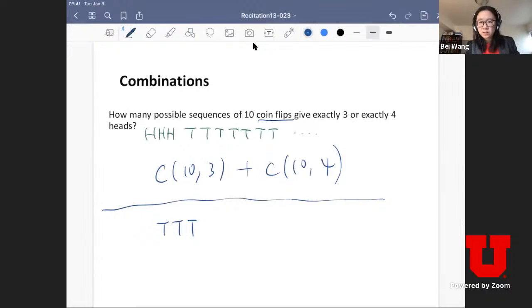That's why it's a combination, not a permutation. Because we're looking at exactly how many heads there are, and how the heads are ordered doesn't matter. So for example, this is first head, second head, third head, and they're all 3 heads. The order in which the heads show up is not an issue here. In other words, all of these are treated as the same configuration.